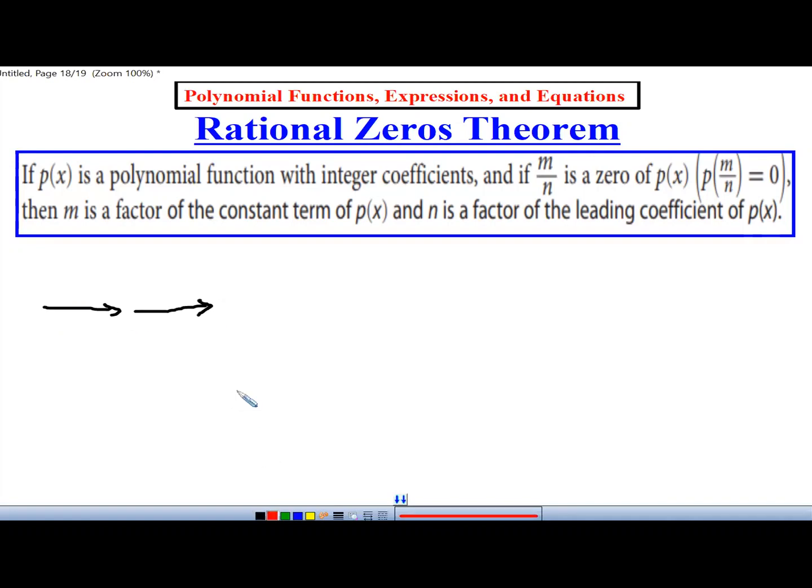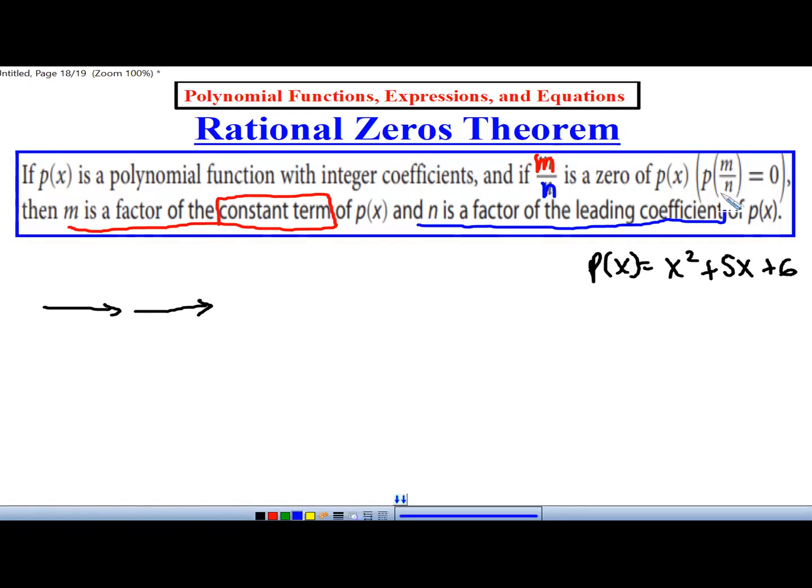What it says is that if we have a polynomial function, look up, such as p of x equals x squared plus 5x plus 6, that means I can make a fraction, look up, a fraction of m over n, where m is the constant term of the polynomial and n is the leading coefficient of the polynomial.